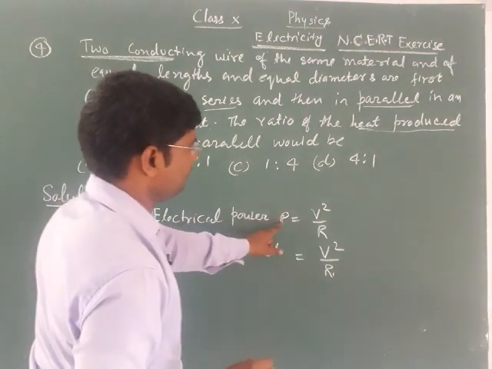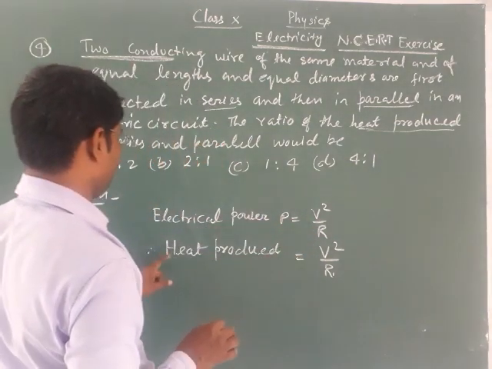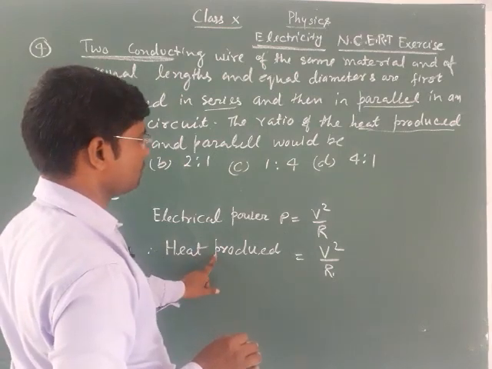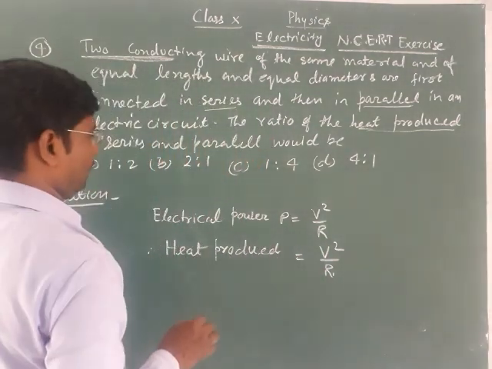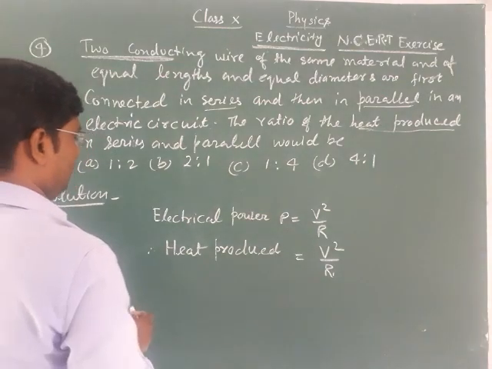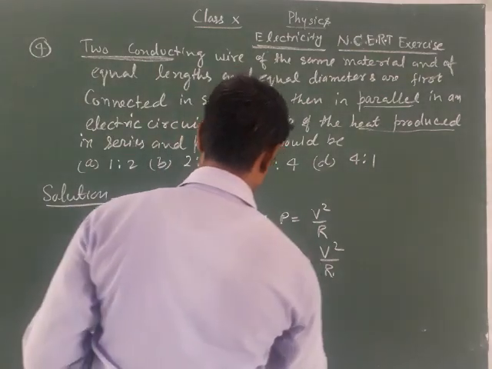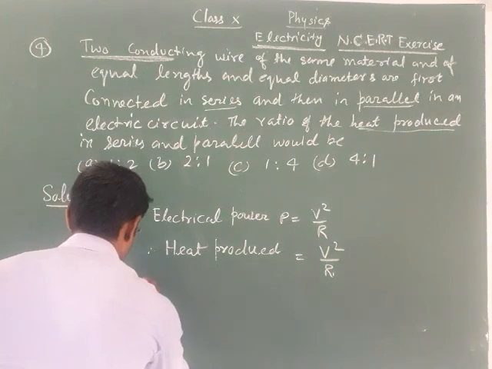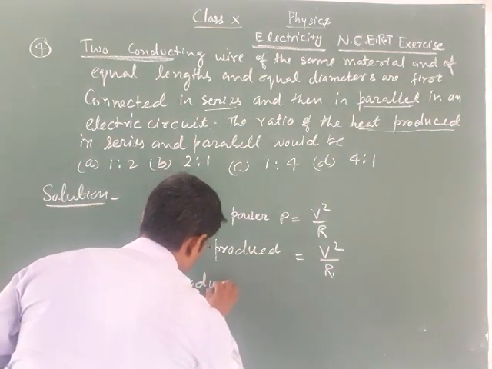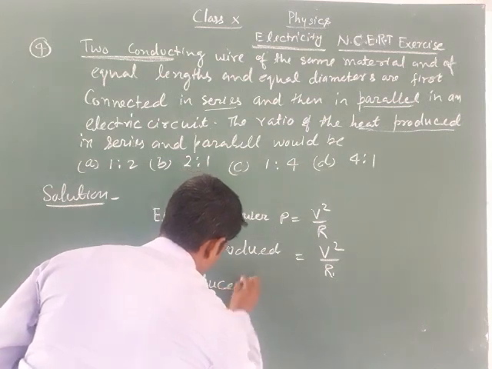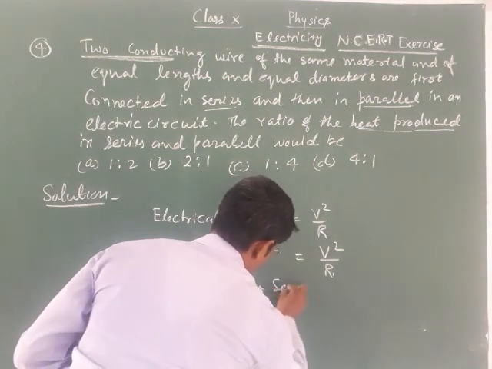Electrical power P is equal to V square by R, and also heat produced is V square by R. So heat produced in parallel and heat produced in series.